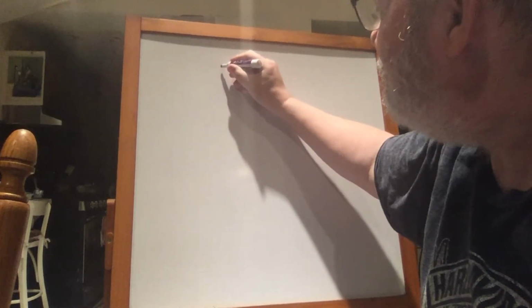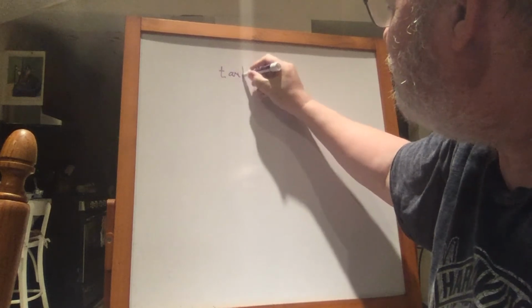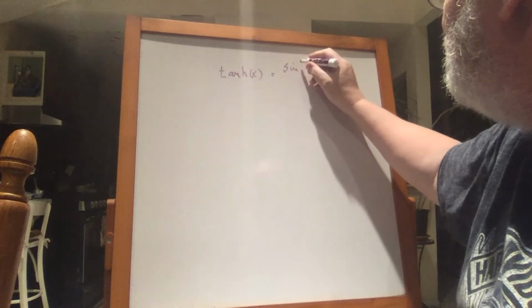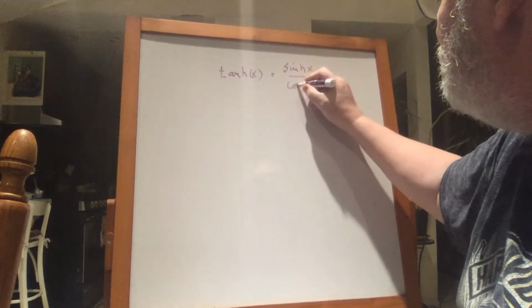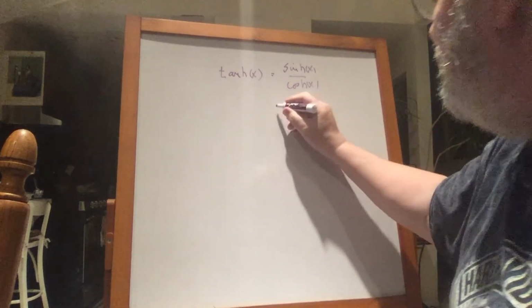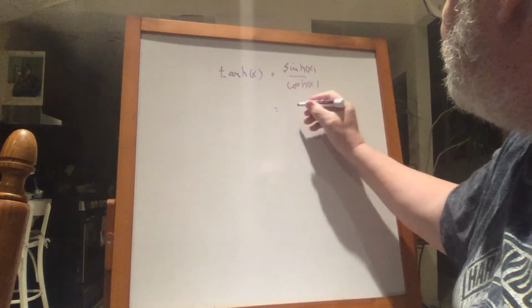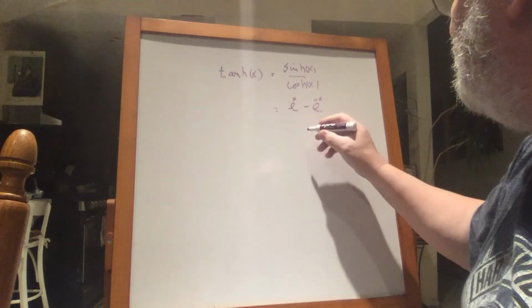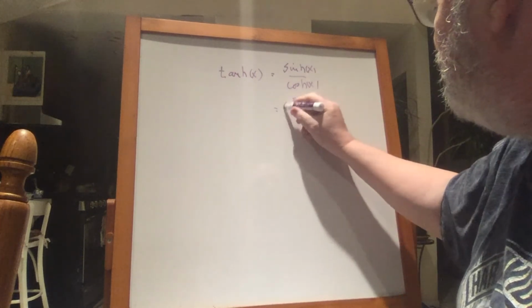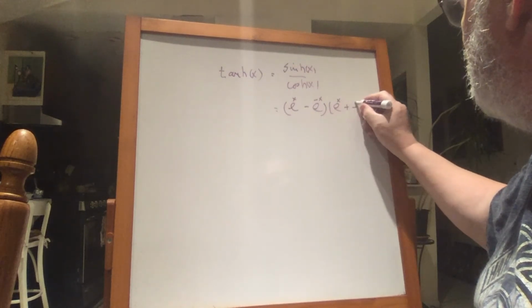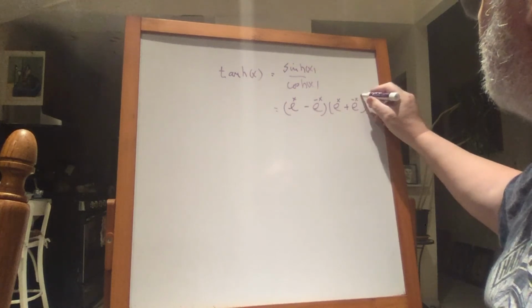Let's take a look at the hyperbolic tangent. Tanh of x is equal to the sinh x over the cosh x, and that's equal to e to the x minus e to the minus x times e to the x plus e to the minus x to the negative 1.